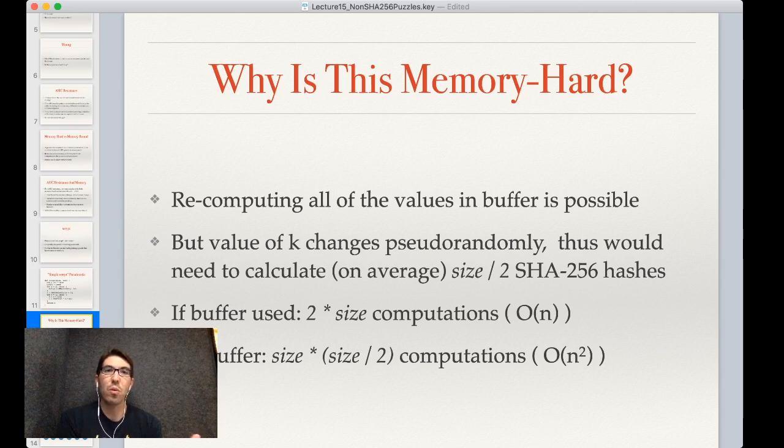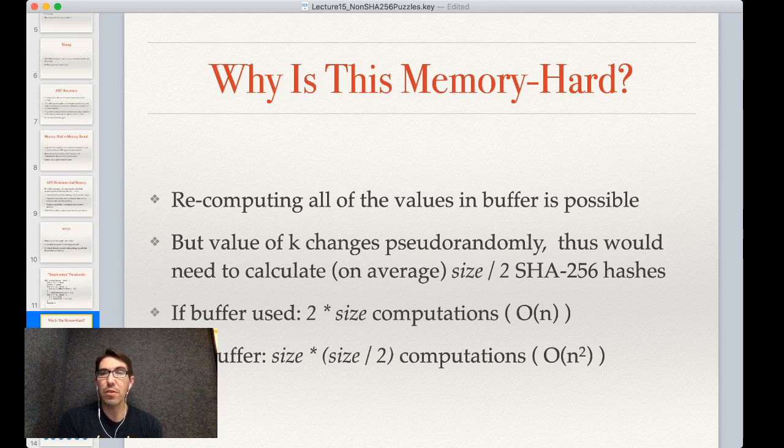So what this essentially means is that if we don't store any memory, on average we're going to have to calculate half of the buffer size in SHA-256 hashes.